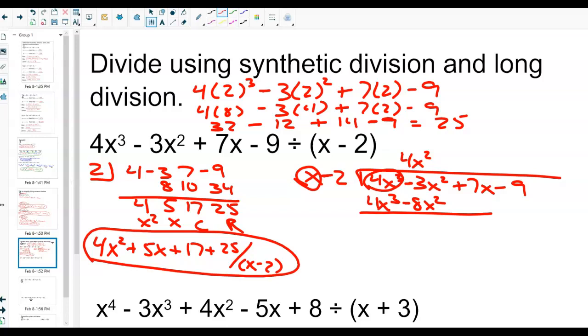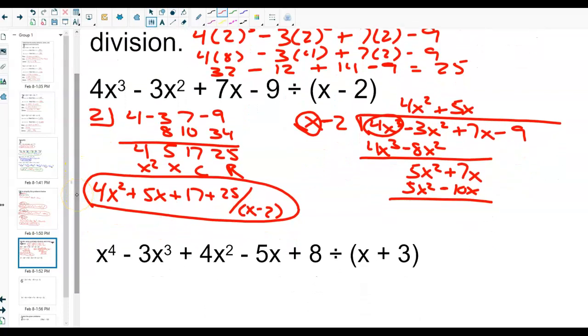-3 minus a -8 is 5x squared. We bring the next term down, which is 7x. What times x will give you 5x squared? 5x will. 5x times x is 5x squared. 5x times -2 is a -10x. 7x minus a -10. That's 17x. And we bring the 9 down.